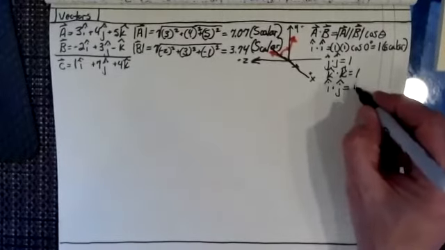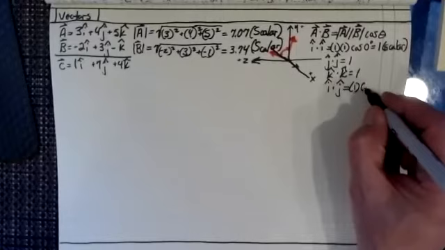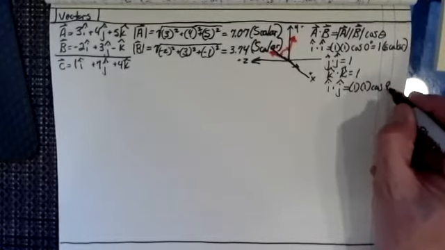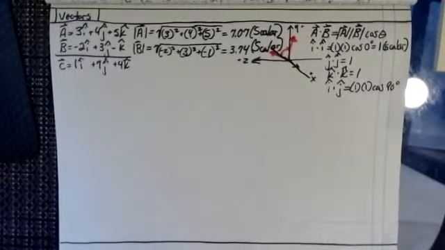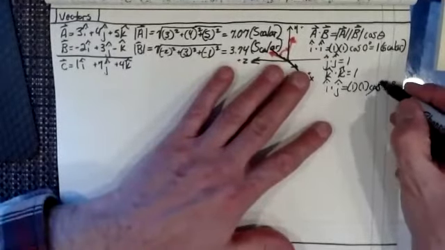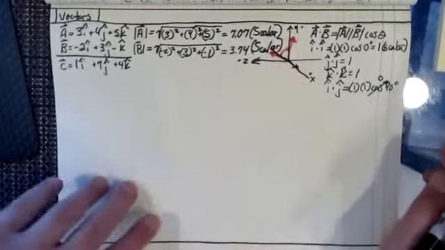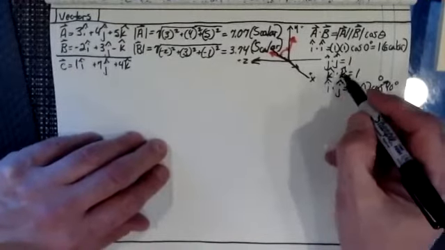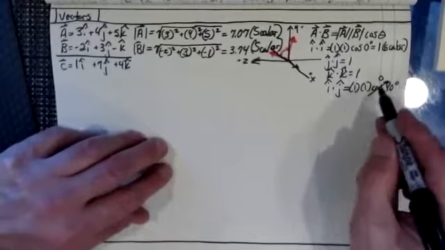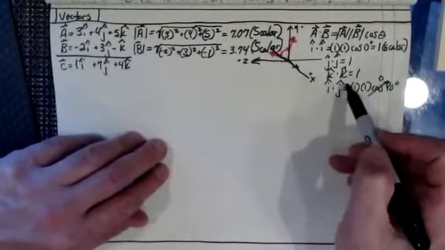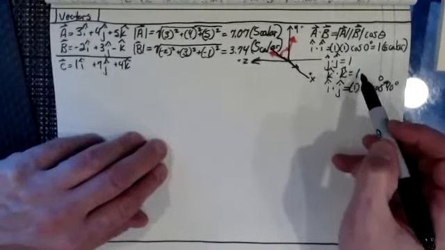It's a unit vector, so 1 times 1 times the cosine of 90 degrees. Oh my God! That's 0. So anything dotted outside of itself equals a 0, and everything dotted with itself equals a 1.